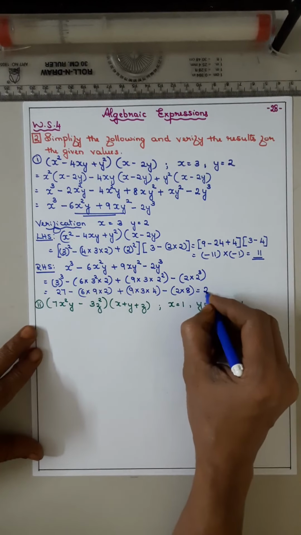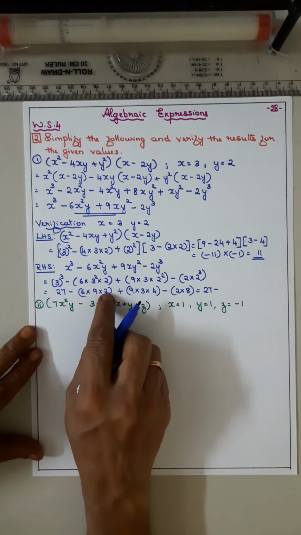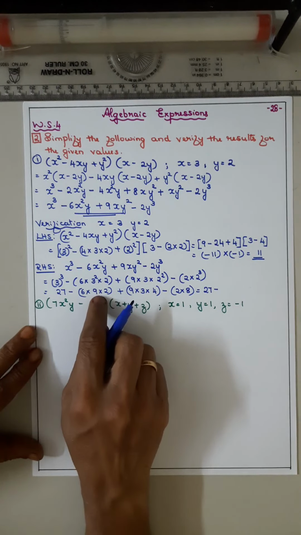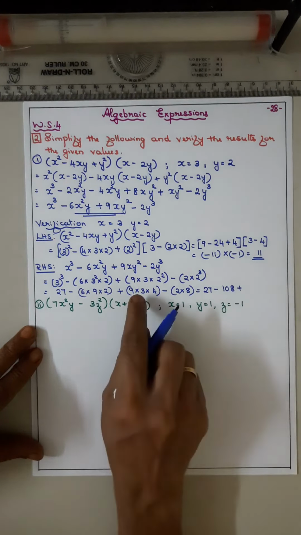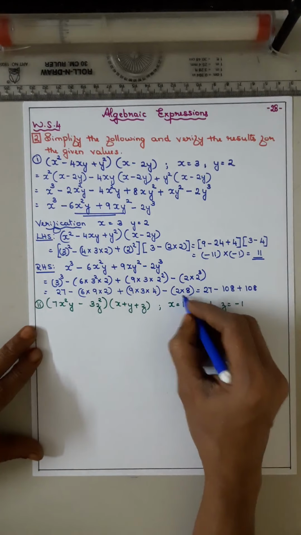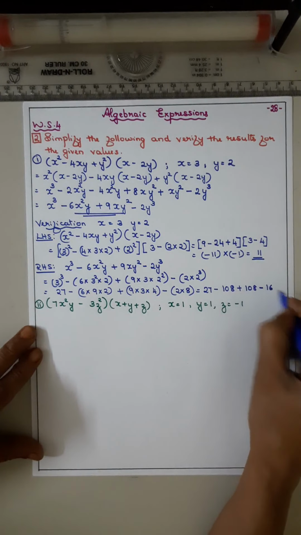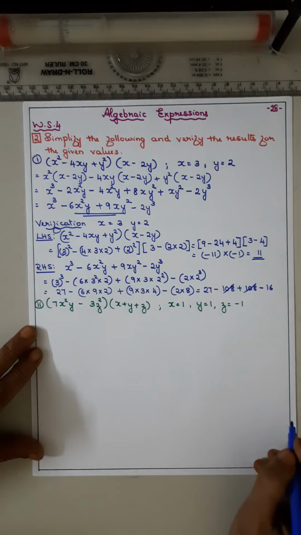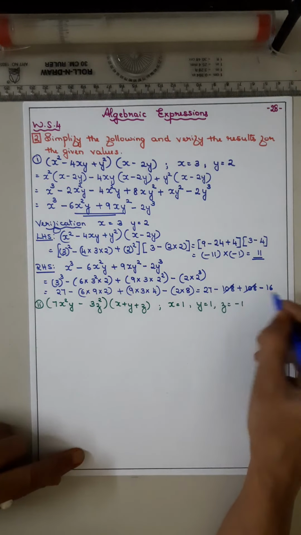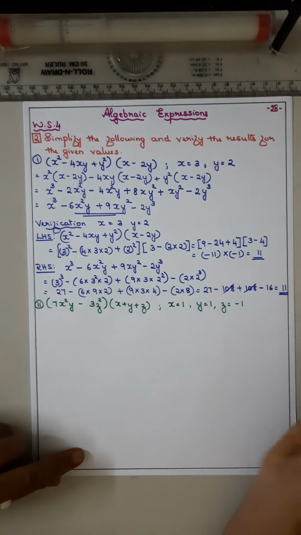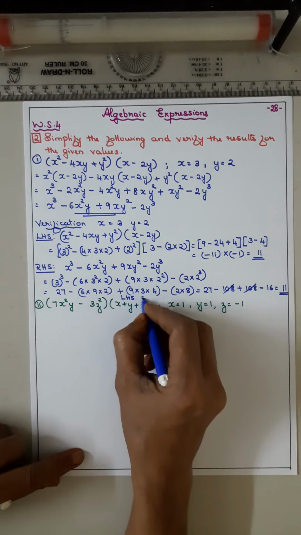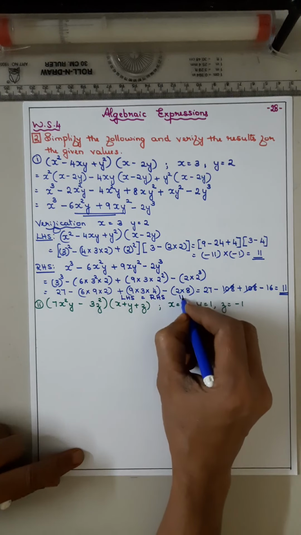Now 27 minus 6 2s are 12, 12 9s are 108 plus 3 4s are 12, 12 9s are 108 minus 8 2s are 16. 108, 108, plus and minus cancelled. So now it is 27 minus 16. 7 minus 6, 1. 2 minus 1, 1. So LHS is equal to RHS, hence verified.